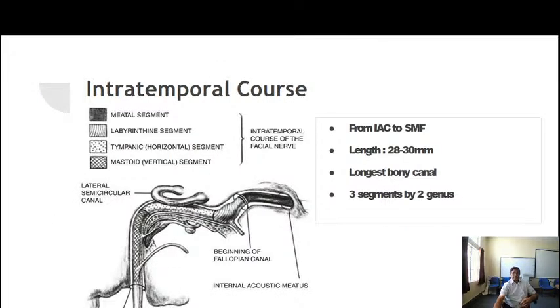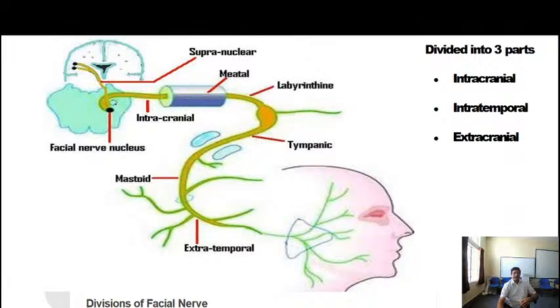Then the intracranial part is the one which is not covered by the perineurium. So it is covered by a thin layer of the pia mater, and so it is likely that this is the area where it can get irritated and give rise to certain conditions which we will discuss later.